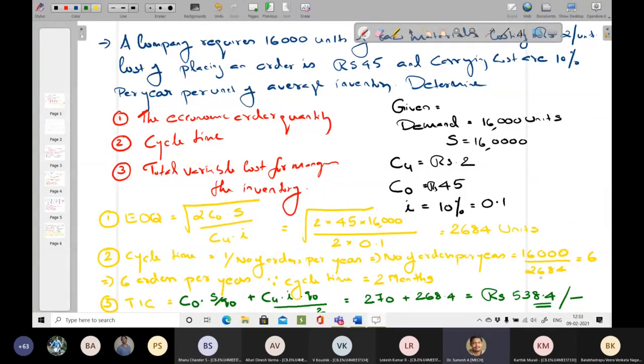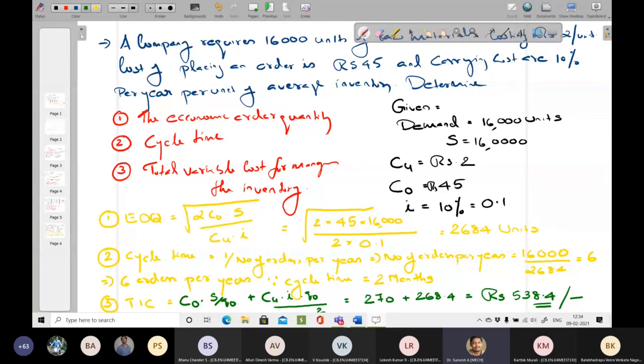I have written here total variable cost for managing the inventory. There are 2 terms. The first term, C0 into S by Q0, you can take as the annual cost of ordering, and the term wherever Cu into I is coming is the annual inventory carrying cost. So the total cost will be the summation of the 2 terms: annual cost of ordering plus annual inventory carrying cost. So this 270, the first term, is the annual cost of ordering. The second is the annual inventory carrying cost.